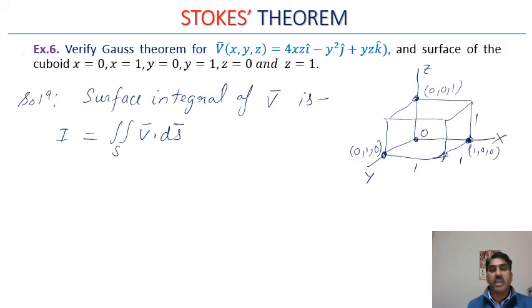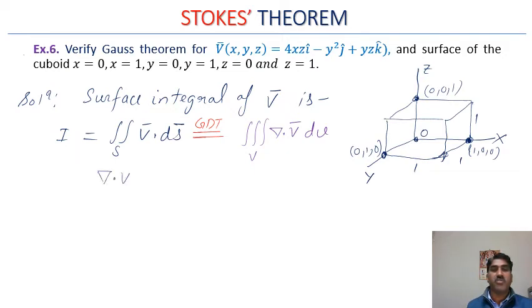Now the Gauss divergence theorem enables us to write this integral as a volume integral over the volume V bounded by this cuboid, of the divergence of V dV. So we will find the divergence of V.